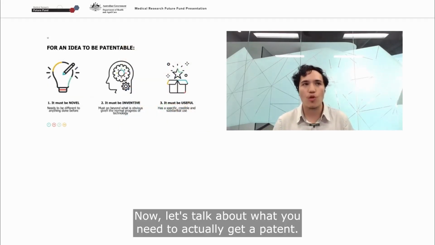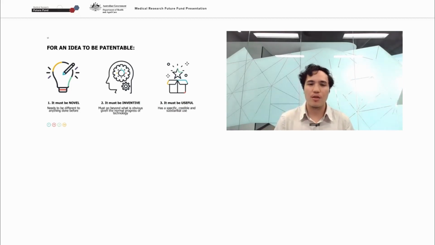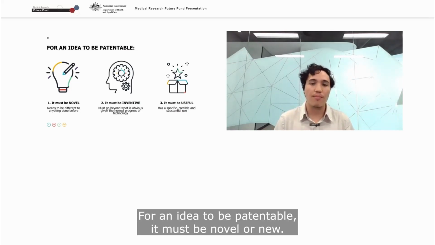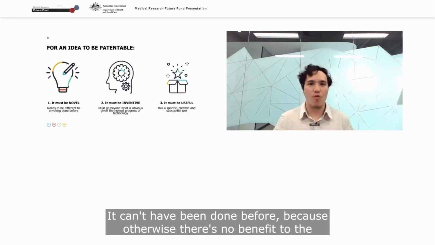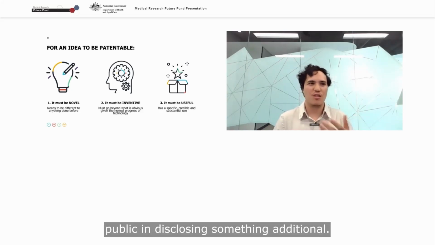Now let's talk about what you need to actually get a patent. For an idea to be patentable, it must be novel or new. It can't have been done before, because otherwise there's no benefit to the public in disclosing something additional.